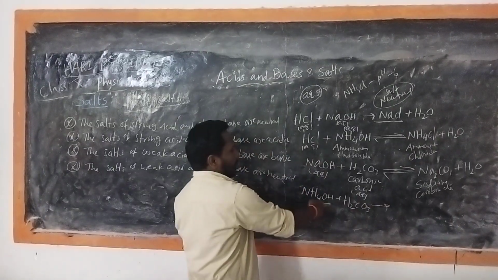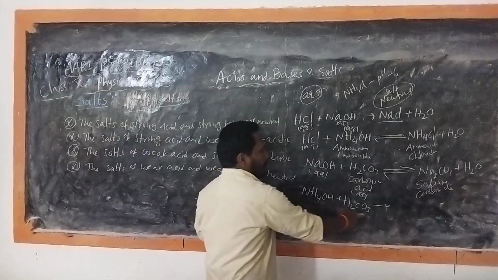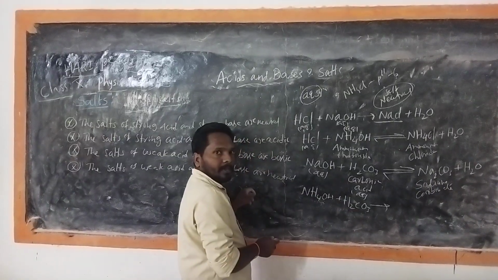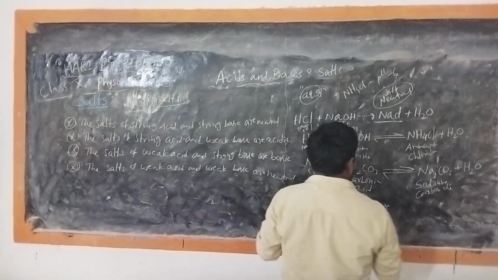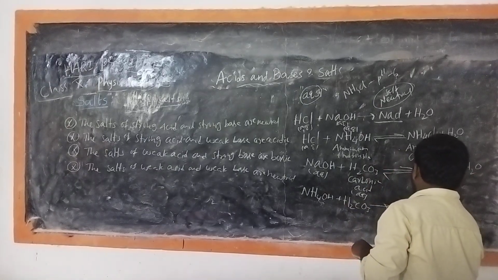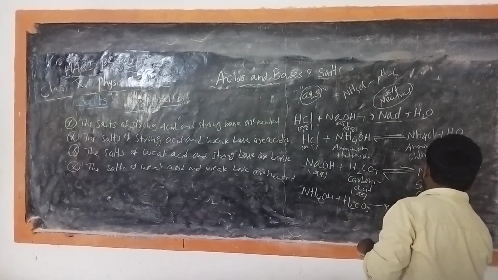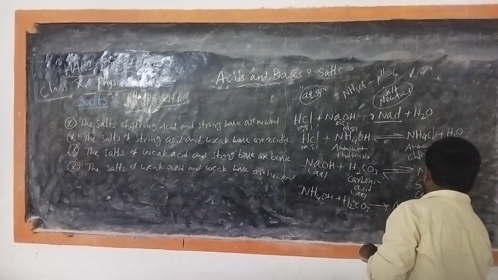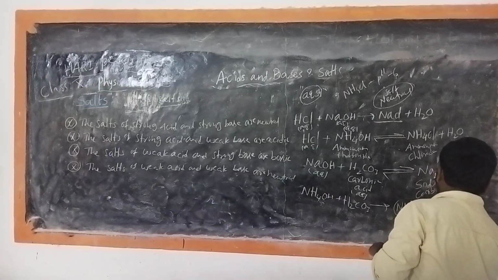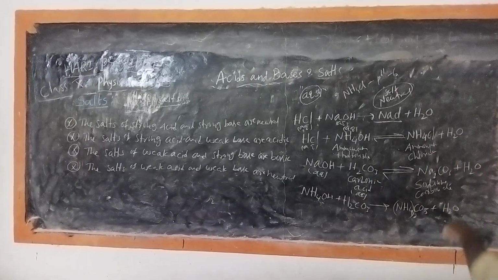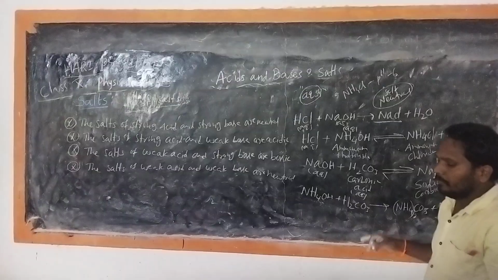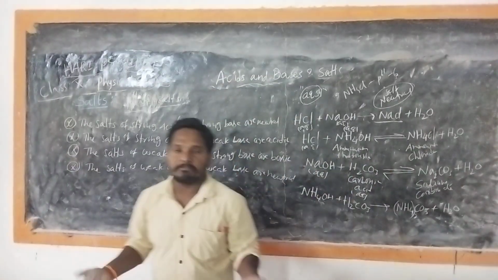Ammonium hydroxide is a weak base. Carbonic acid is a weak acid. Together they form (NH4)2CO3, NH4 taken twice, CO3. So ammonium carbonate is a neutral salt, because a weak acid and a weak base are combined together.